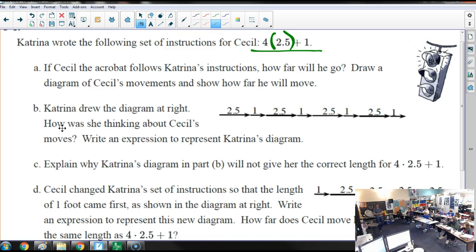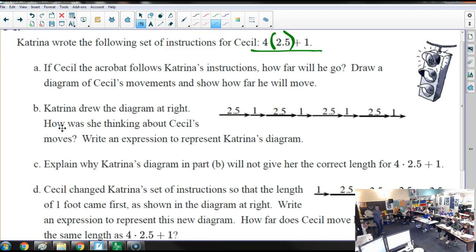So what Cecil would actually say here to describe his routine is I'm going to do 4 moves of multiplication, right? Of 2.5. And then, addition, a move of 1.